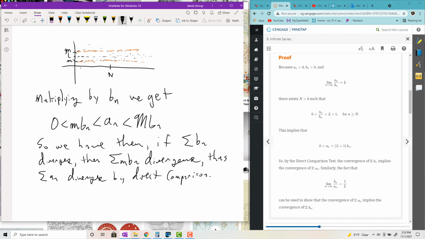Then likewise, if the series b sub n converges, well, we have that big M times b sub n is greater than a sub n, so the series of big M b sub n, which is just a constant multiple of a convergent series, will also converge.